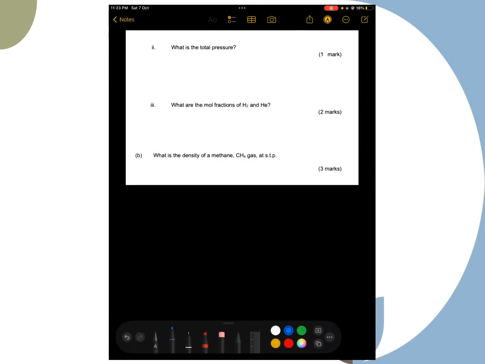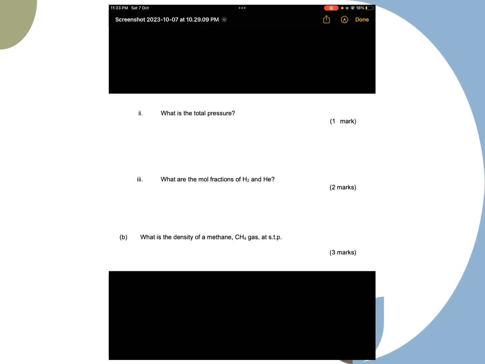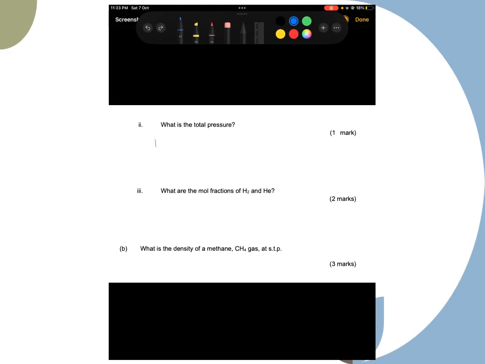Okay, next one, still in question number 1. What is the total pressure? We have calculated the partial pressure for each constituent. So for the P total, the total pressure, we just add the partial pressure for helium and also for the hydrogen, using the values you have calculated in the previous question.